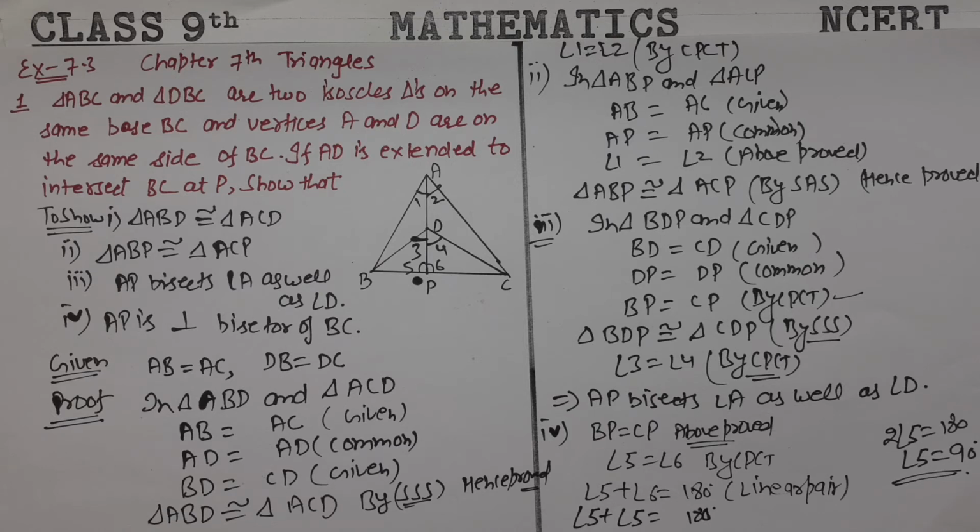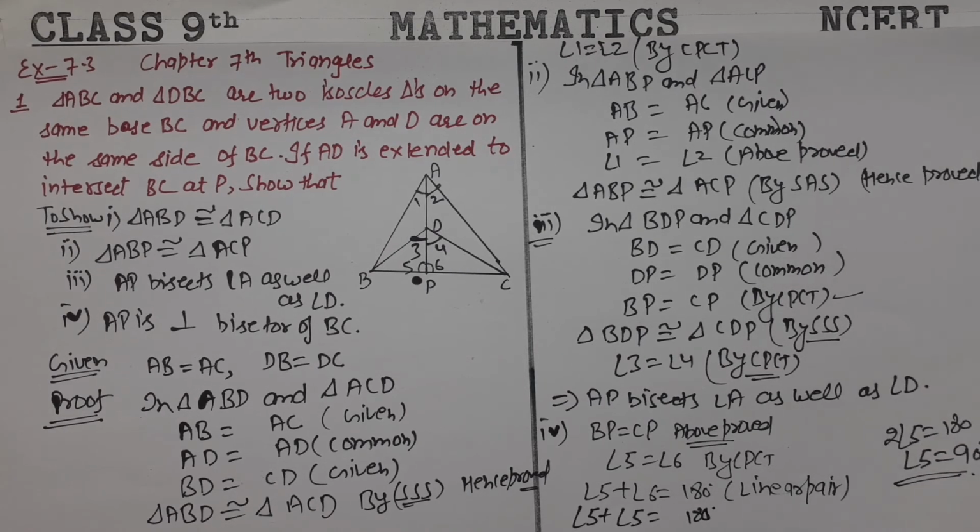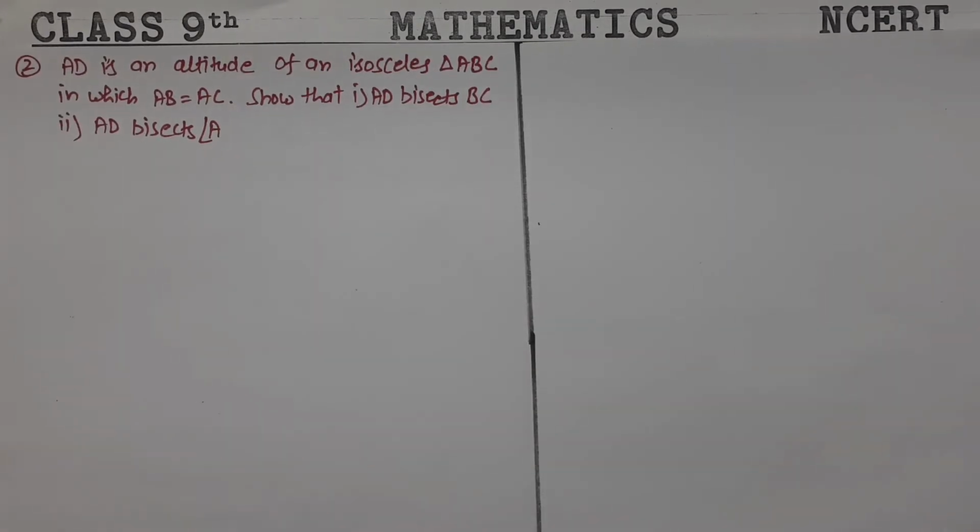Next question, number second. AD is an altitude of an isosceles triangle ABC. Make figure.